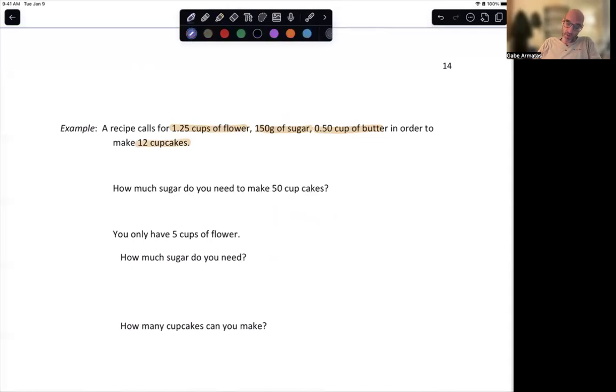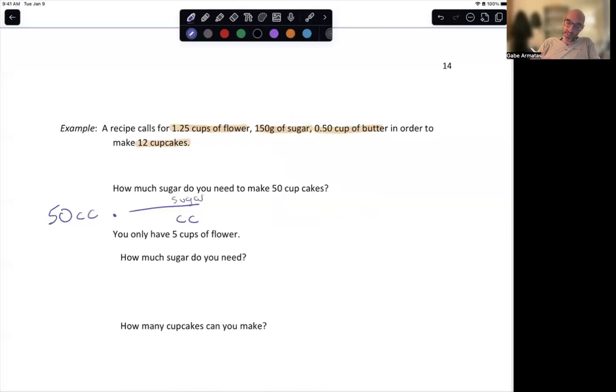Well, again, we start with the number that we have. We need 50 cupcakes. So times a fraction, I always want the unit that I have to go away, so I'm going to put it opposite. I want cupcakes to go away, and I am looking for sugar.